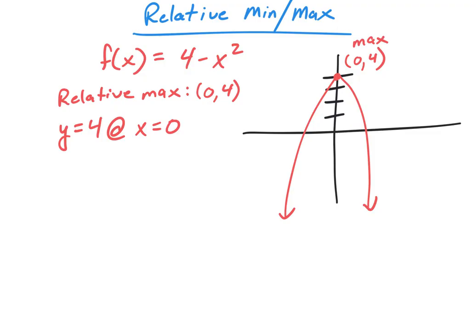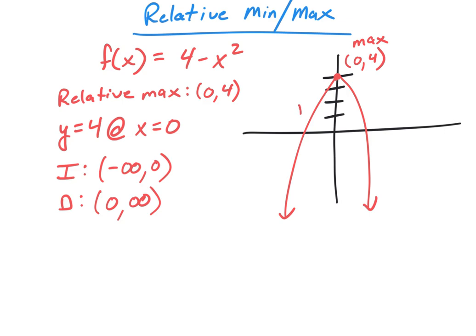We could do increasing and decreasing on this one as well. If I did increasing and decreasing on this one, you're going to have some that's going to ask you to do all of these things. So that's why I mentioned that here. It's increasing from negative infinity all the way over to 0, and it's decreasing from 0 to infinity.